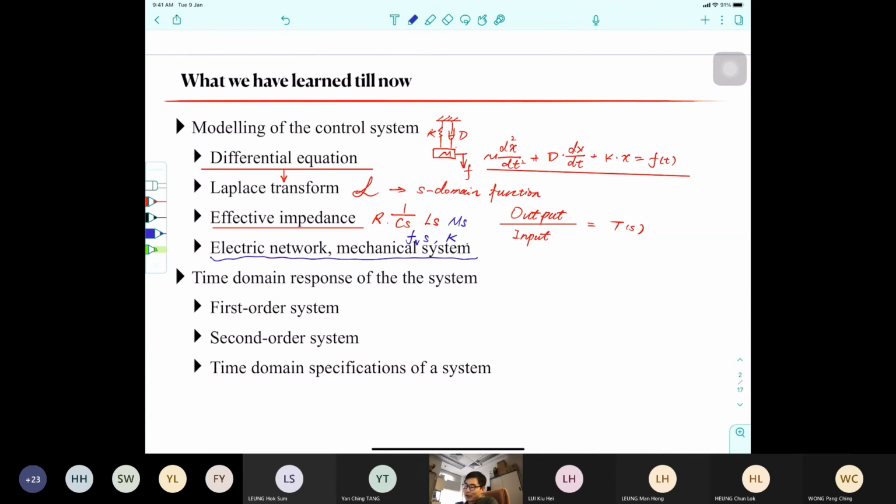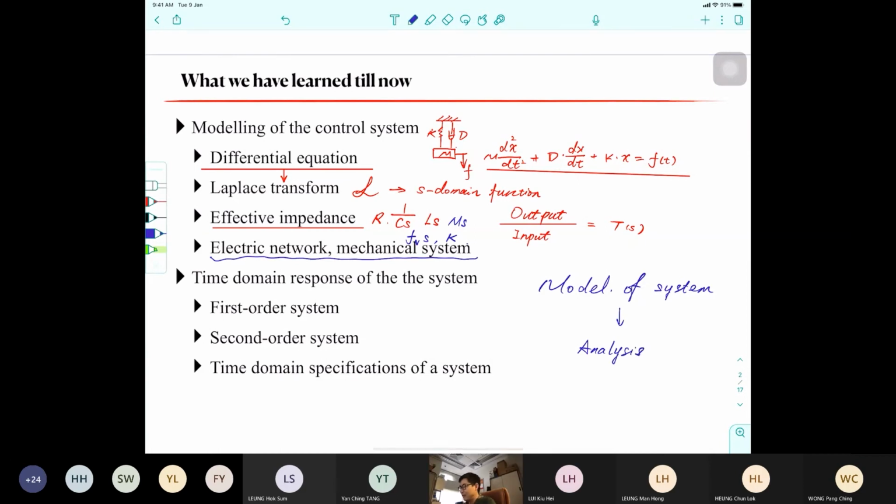So after the modeling, we got the model of the system, right? Based on this model of a system, we can then analyze, right? Analyze the system.